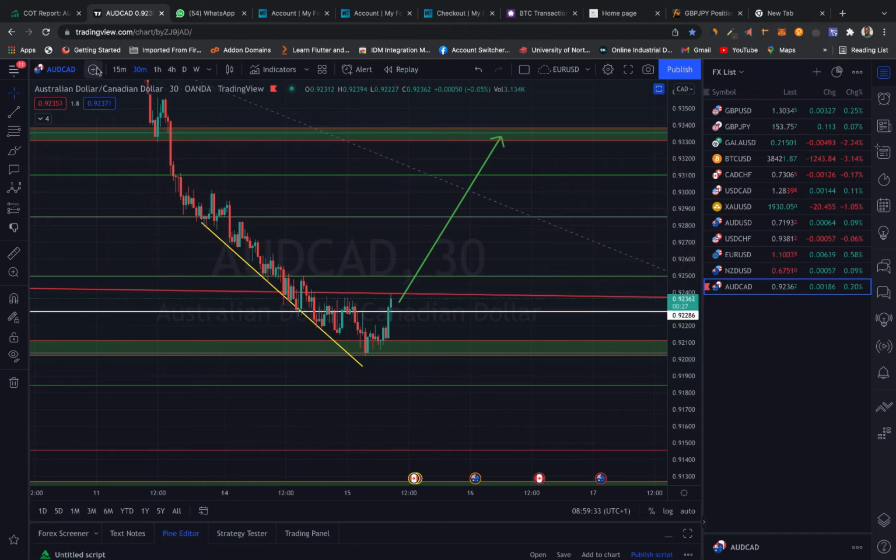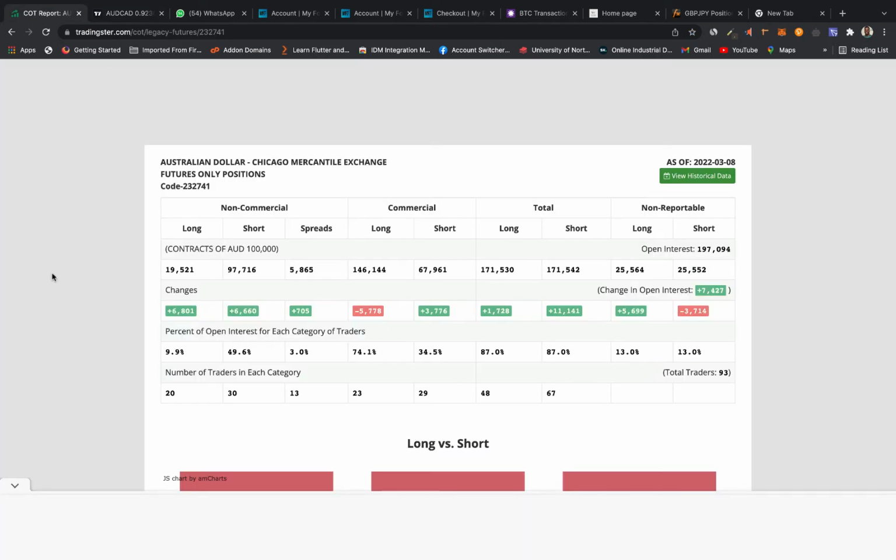If we go over here on the COT report on the Australian dollar for this past week, you will see the big boys, the banks, the investment banks, the big speculators out there. Look at what they are doing here. I'm most interested in the changes column.